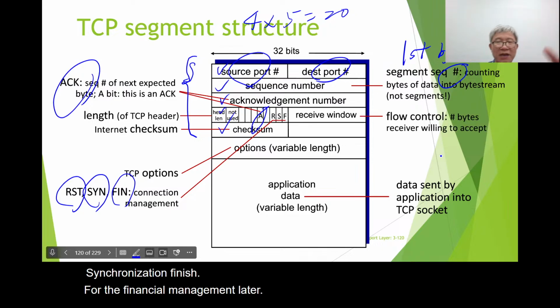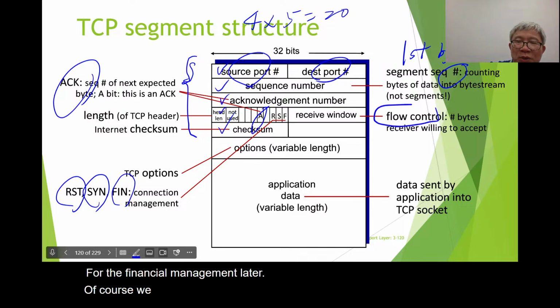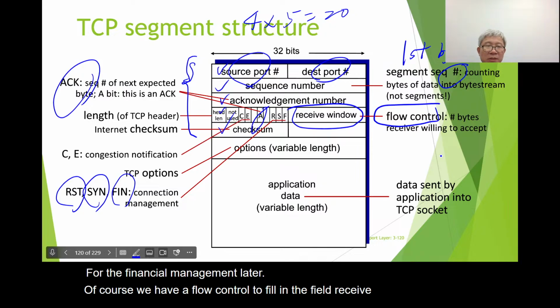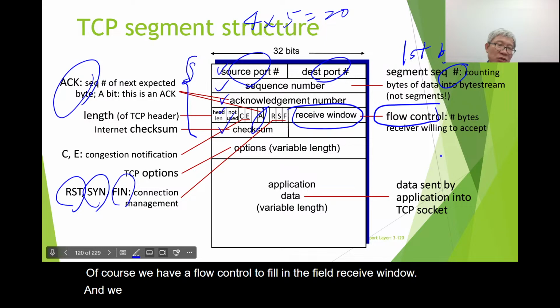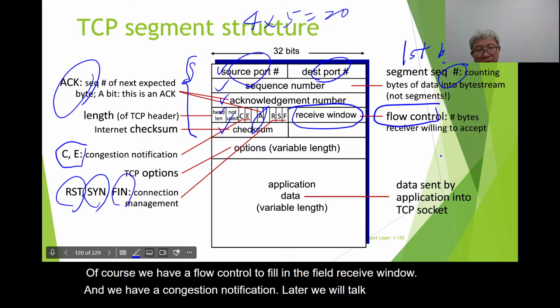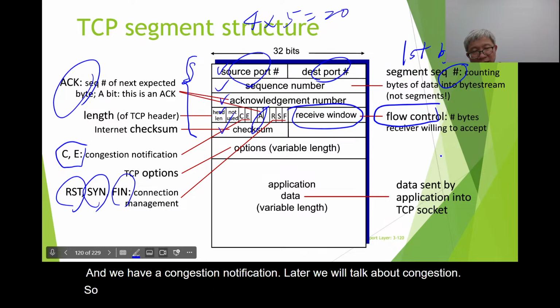Of course, we have flow control, to fill in the receive window field. And we have congestion notification. Later we will talk about congestion. So C, congestion, E, enabled.